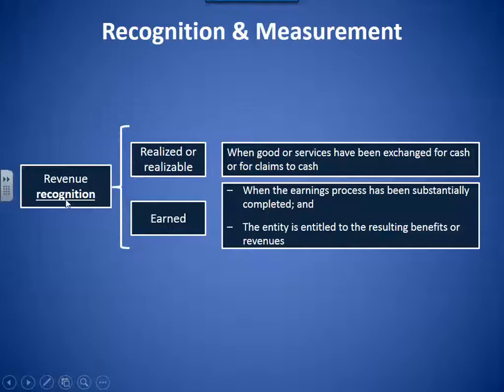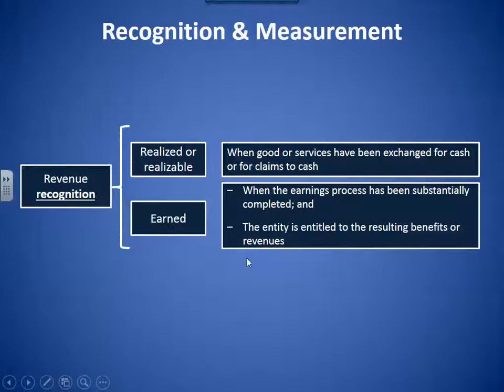That is not the same as recognition. Okay? And also, in order to be recognized, the revenue has to have been earned. Generally speaking, that means the earnings process has been substantially completed and the entity is entitled to the resulting benefits or revenues. Now, I don't want to muddy up this issue, but we're going to see a number of exceptions to this that have occurred in the past, such as installment method accounting.